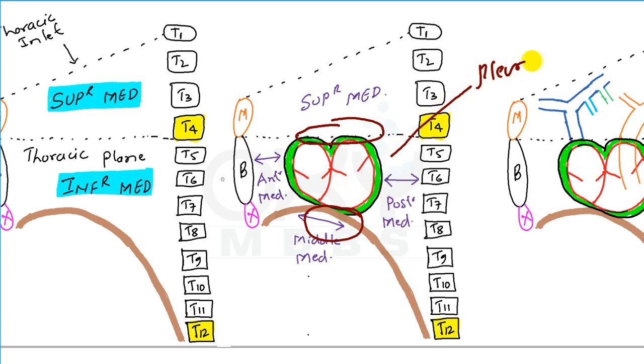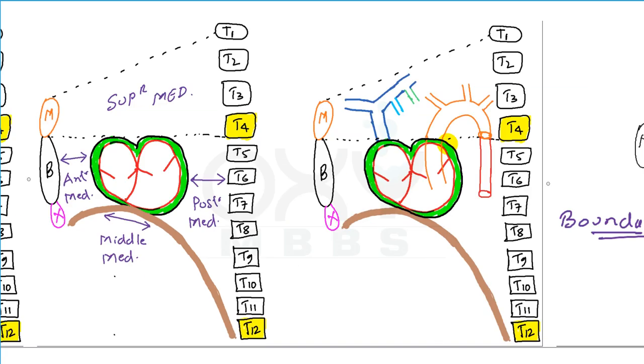So friends, this is our heart, and from the left ventricle this is the ascending aorta, and this one is the arch of the aorta, and this is descending aorta. This is left brachiocephalic vein, this is right brachiocephalic vein, joins together to form superior vena cava.